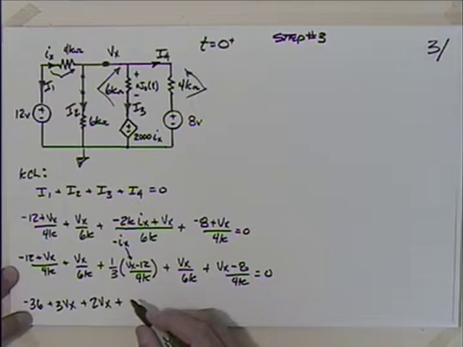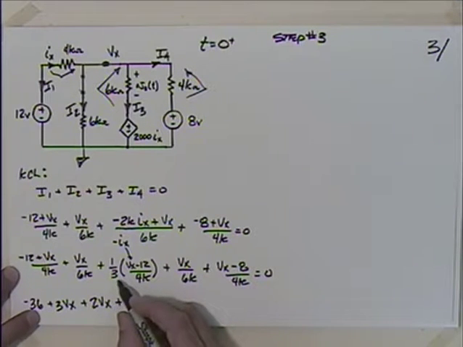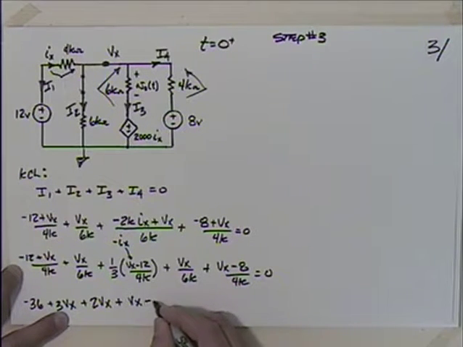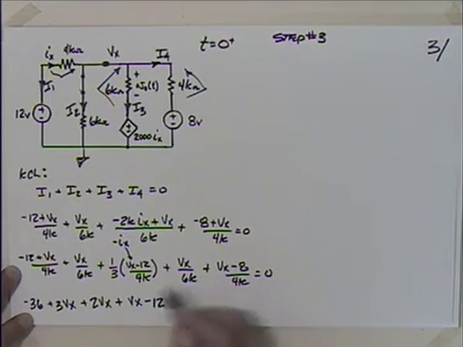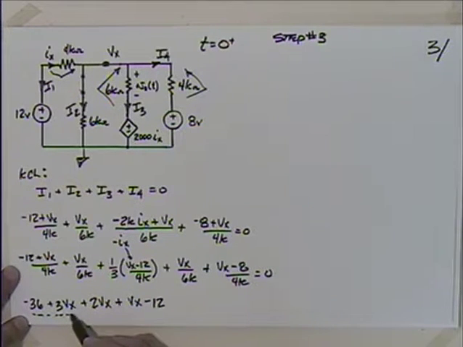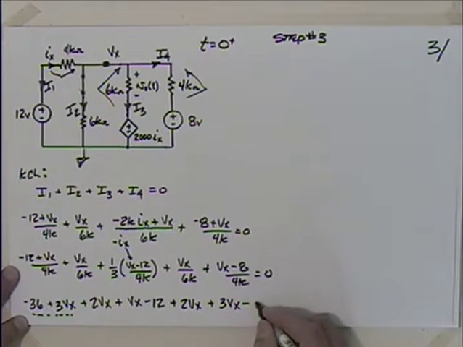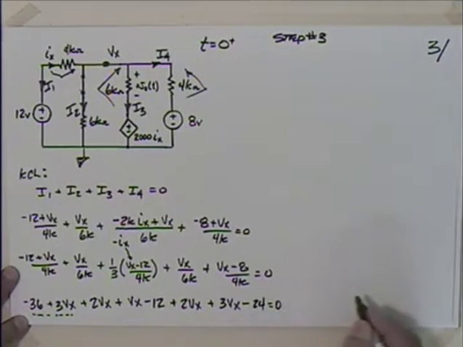Same thing as this, right? But then I divide it by 3, so I'm going to have Vx minus 12. So I'm taking this same piece right here, dividing it by 3 because of that third. And then I'm going to have plus 2 Vx plus 3 Vx minus 24 is equal to 0.